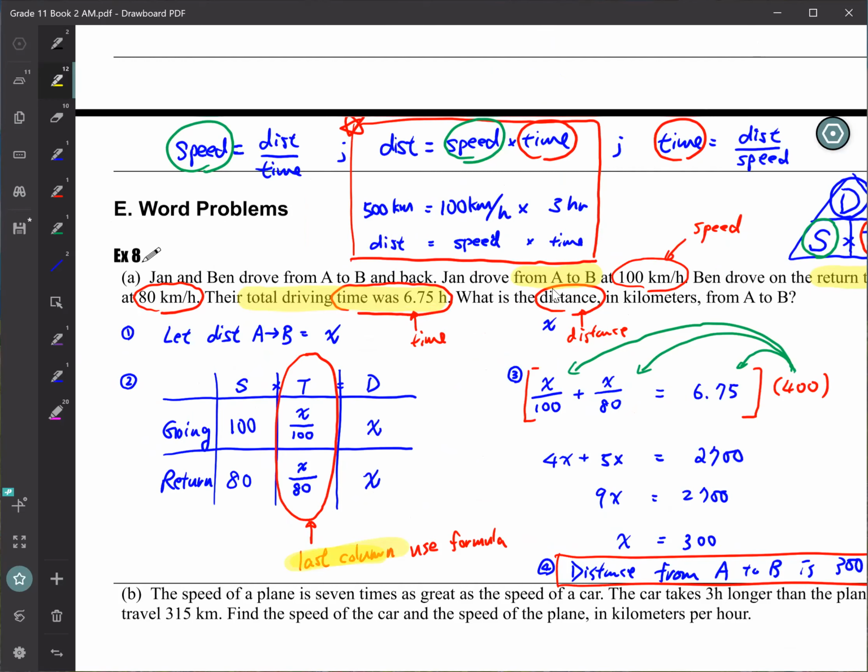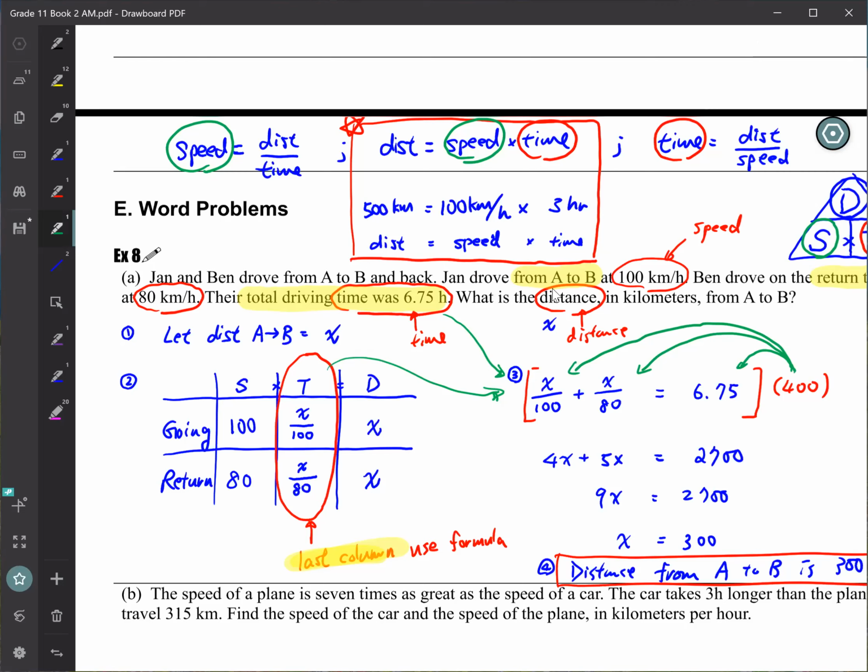Usually that's the number you have to use to create an equation. So you grab the last information you haven't used yet, put it together, then that will be your equation.